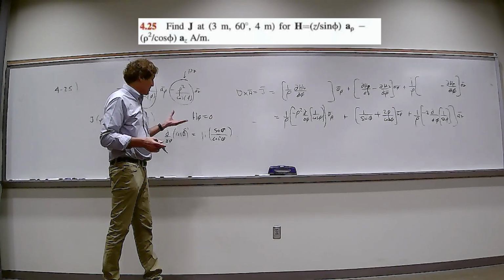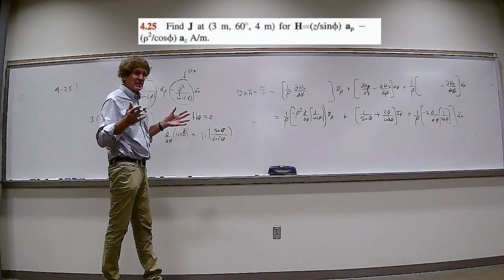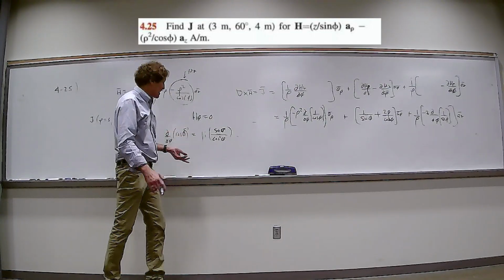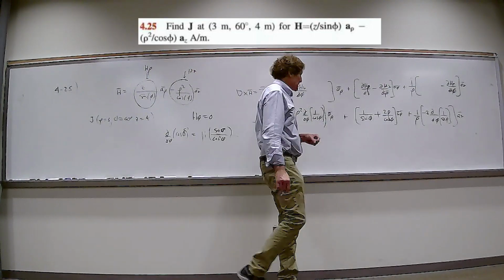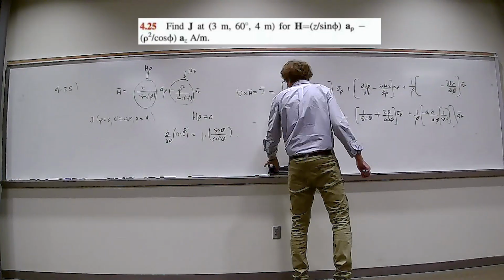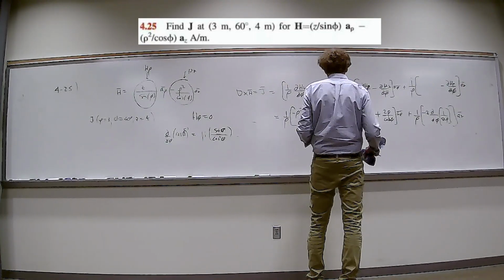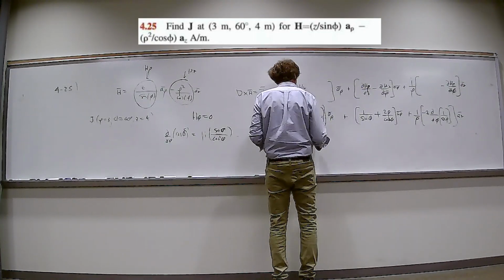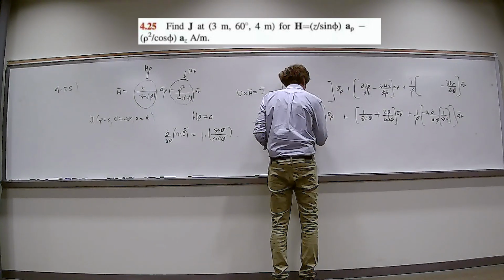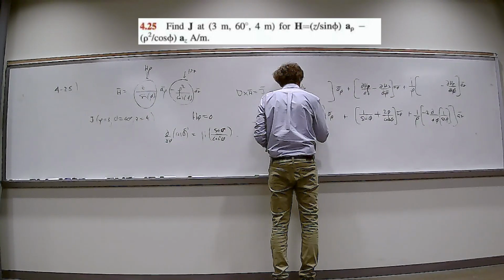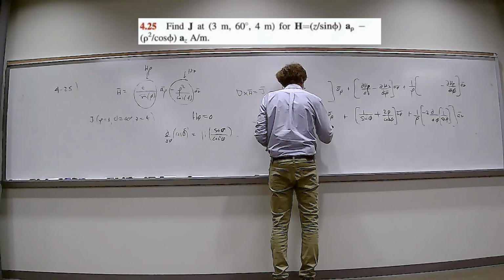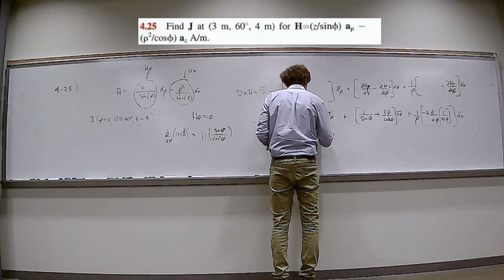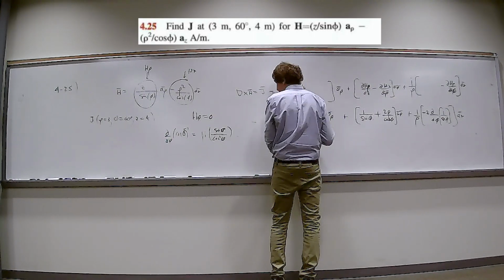I mean, it doesn't matter the form. I'll just leave it as sine over cosine for that part. So I have sine phi over cosine phi, hopefully squared.